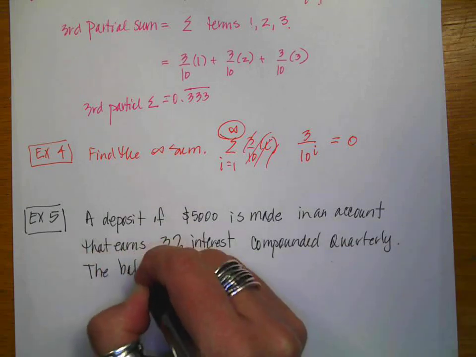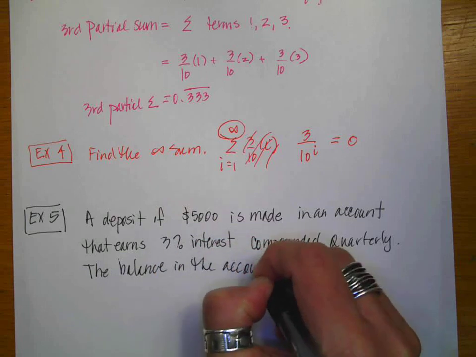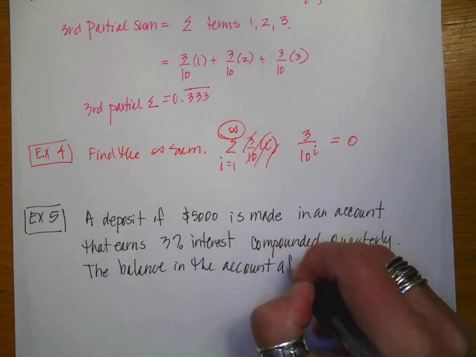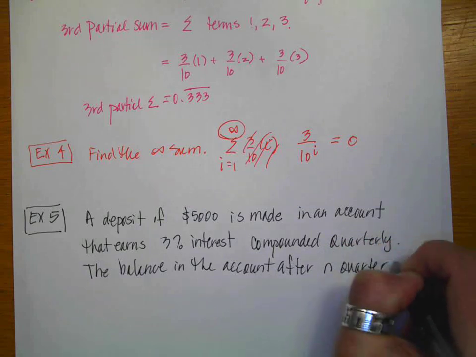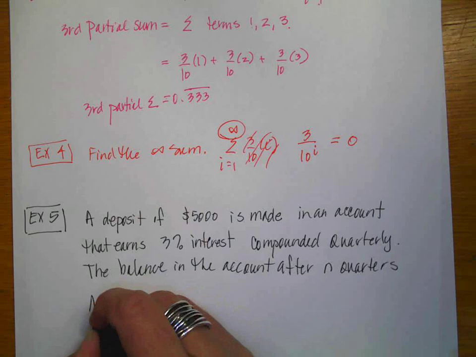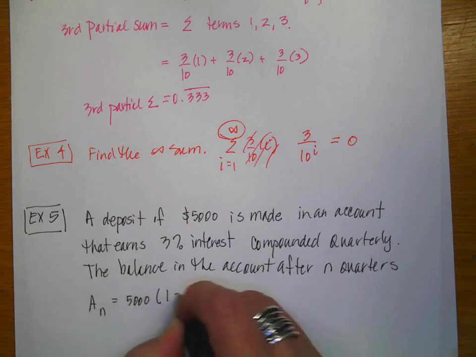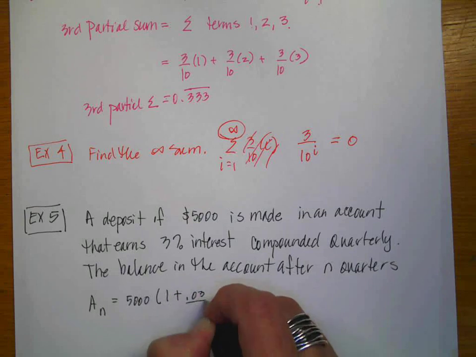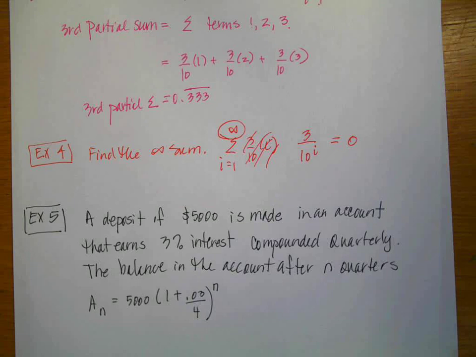The balance in the account after n quarters is going to be given by a sub n is equal to 5,000 times 1 plus 0.03 divided by 4, raised to the n.